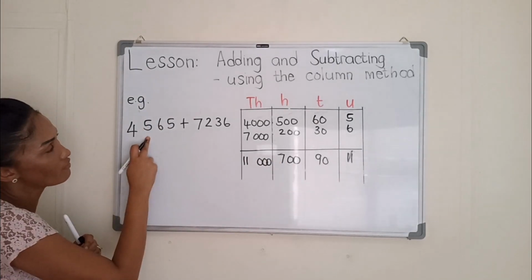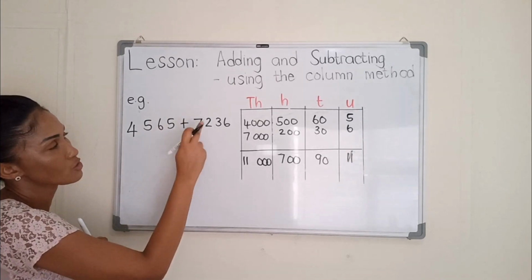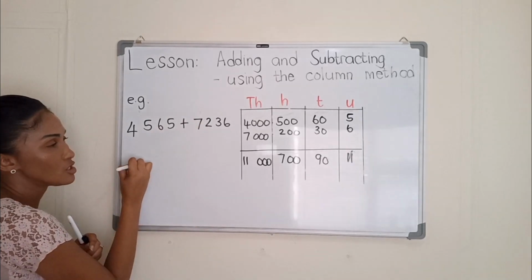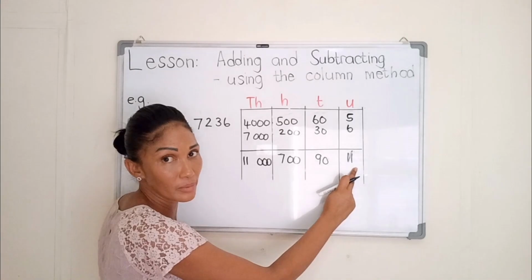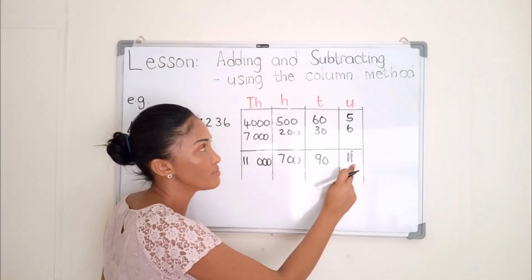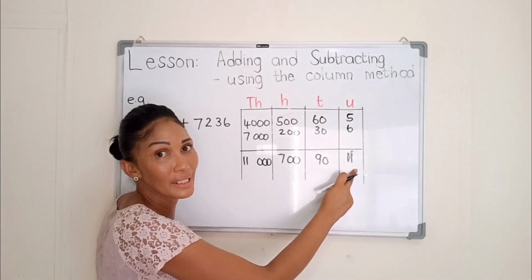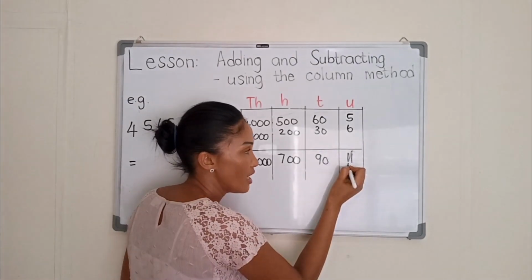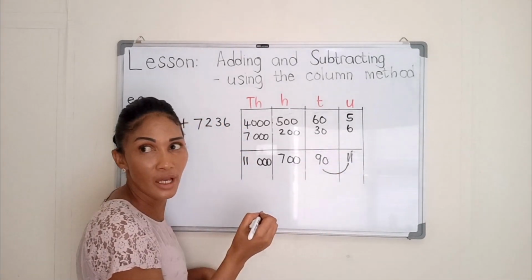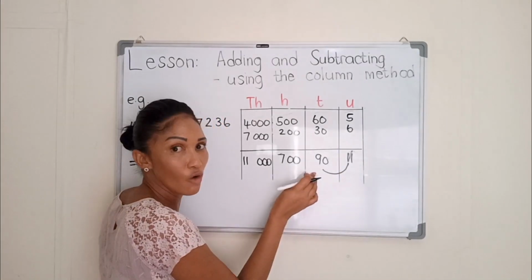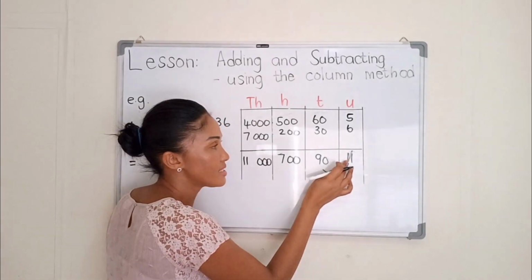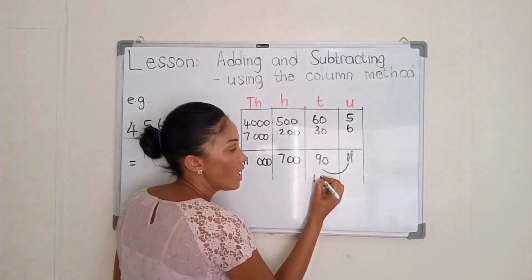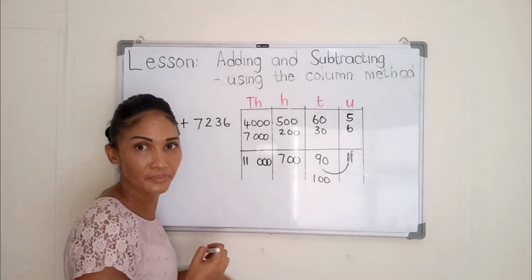So 4,565 plus 7,236 is the answer of, now you will see here's 11. Right? So the 11, remember it's units. Here can't be 10 in the unit column. So we need to take this 10 and we're going to carry it over. So 10 is going to go over to 90. So if I add 10 plus 90, this will give me a total of 100.